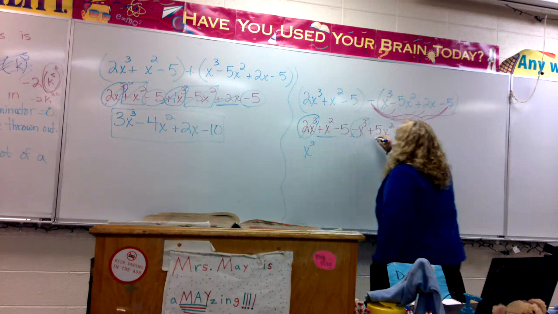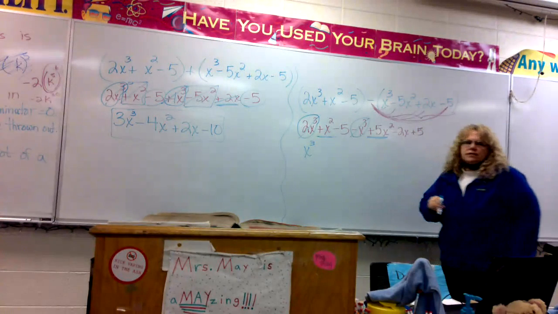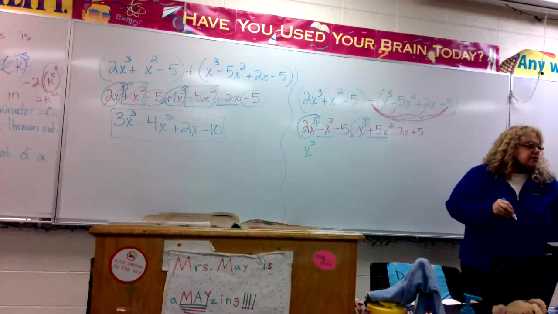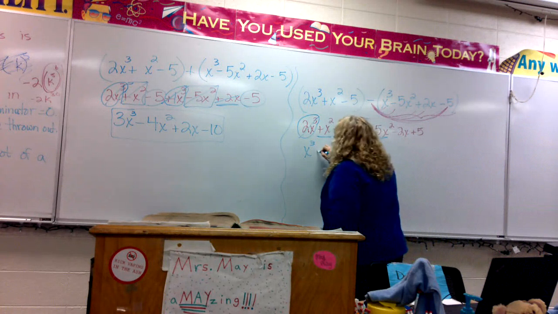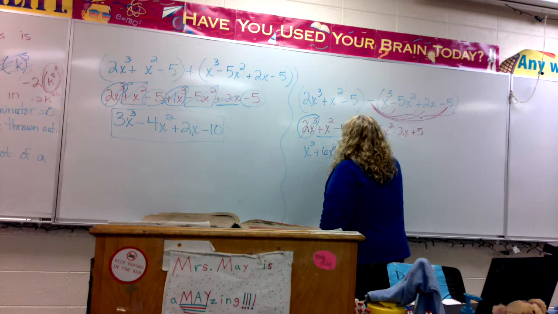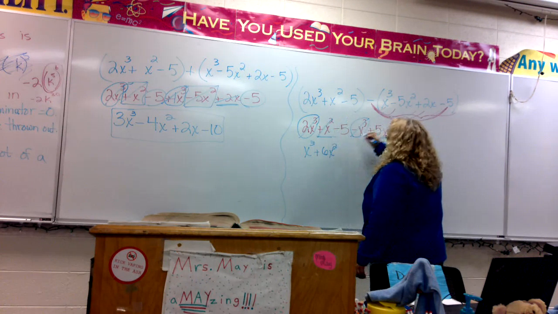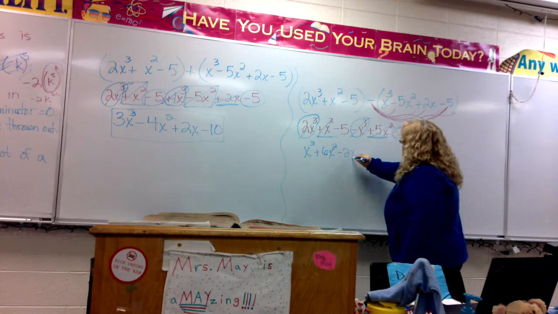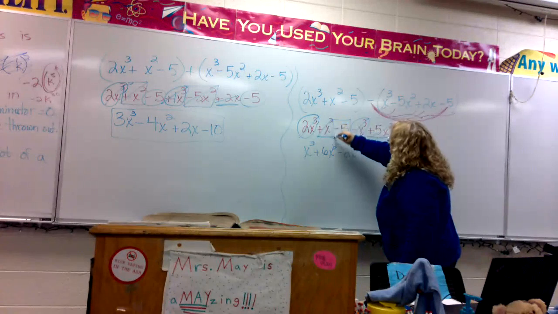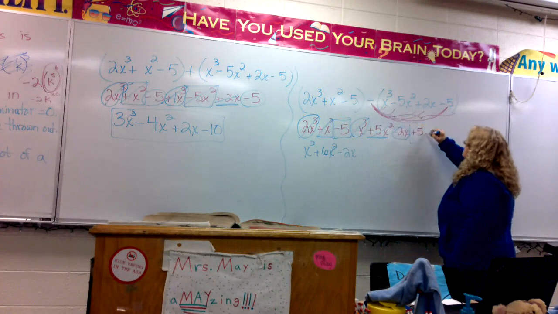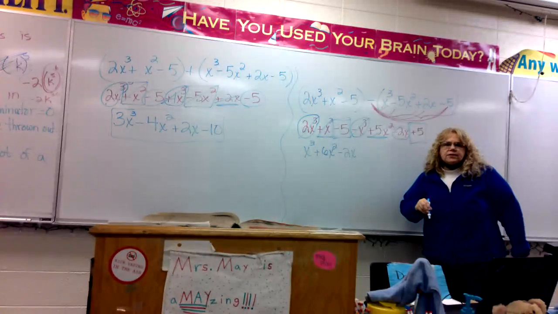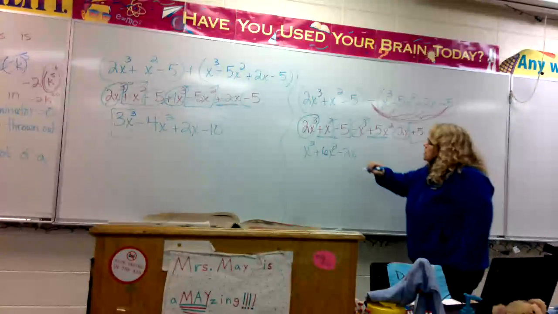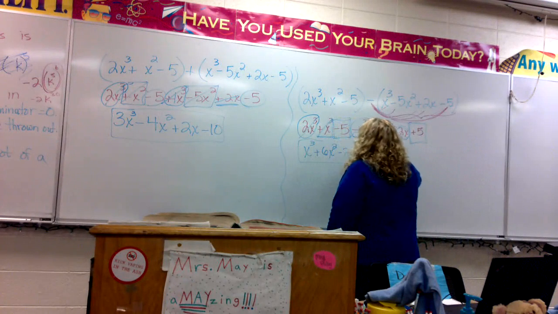Then x squared and 5x squared, 6x squared. I only have this one regular old x. And then I have negative 5, plus 5. What do you get if you put negative 5 with plus 5? None, right? So I think this would be about my answer then.